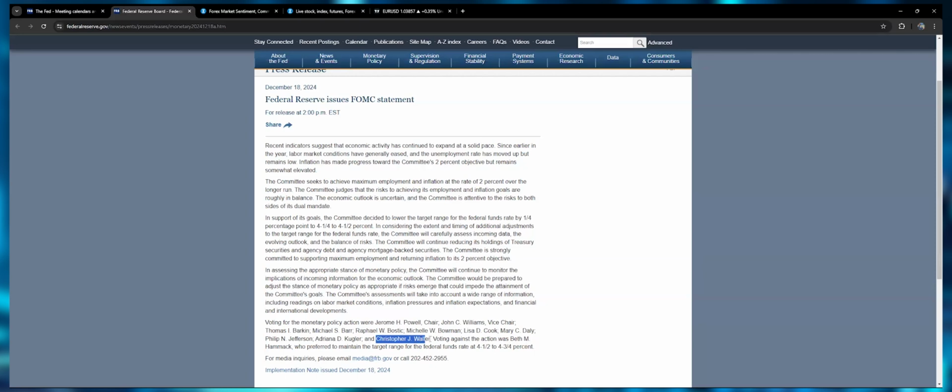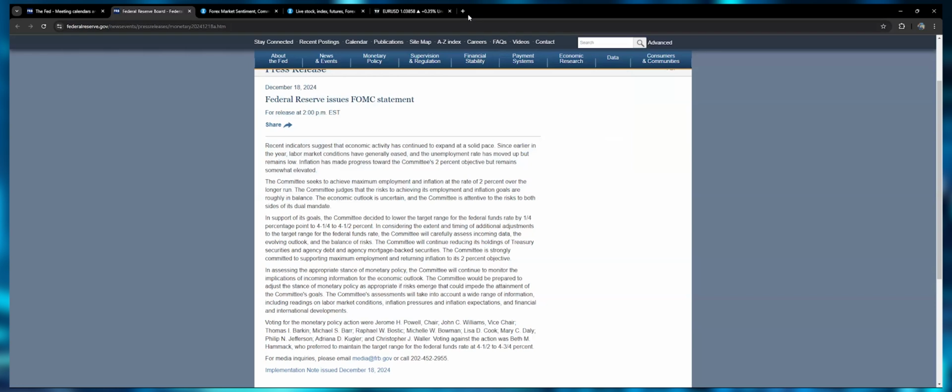So 13 people voted to cut 25 basis points. And then we can see that voting against the action was one person, who actually wanted to maintain the target range as it is. So in the end, 13 people voted for a 25 basis point cut, but one person still thinks it is smarter to maintain the rates unchanged.